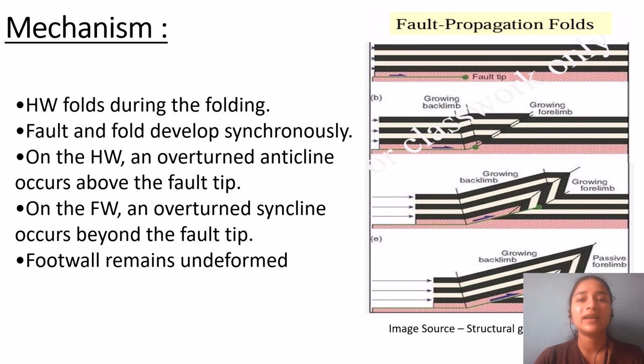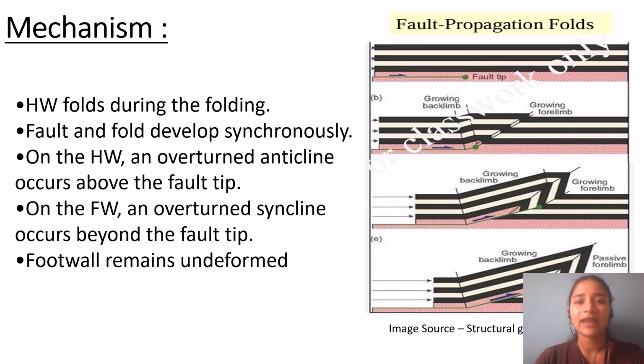As the fault propagates upward, an overturned anticline appears above the fault tip on the hanging wall. On the opposite side, the footwall, an overturned syncline may form just beyond the fault tip. Importantly, the footwall generally remains undeformed. All the folding happens in the hanging wall.